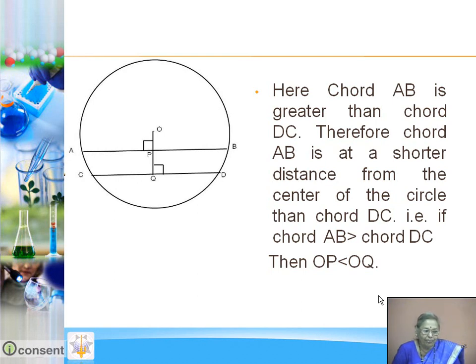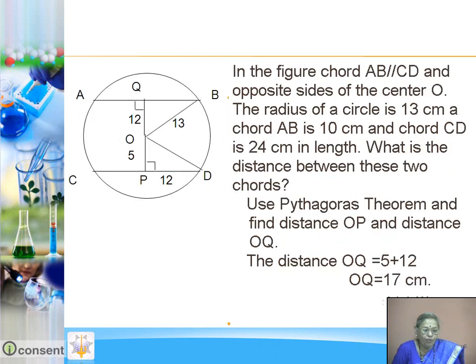Look at this diagram. In this diagram, we have to find out the length of the chord AB. Given things are: chord CD is equal to 24 centimeter in length, and the radius of the circle is 13 centimeter.